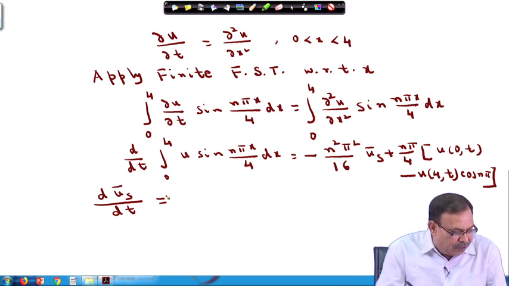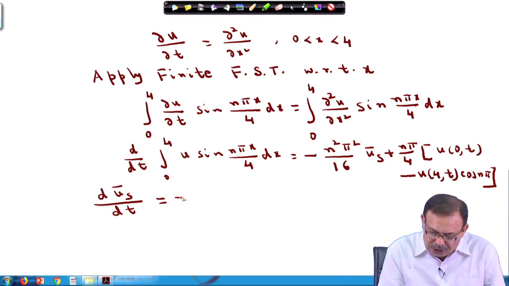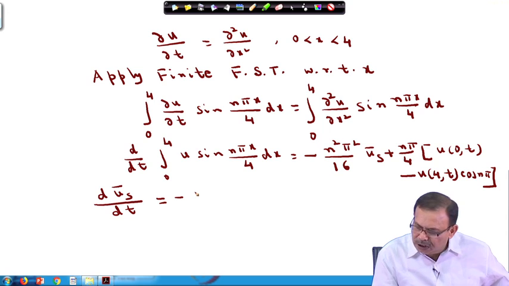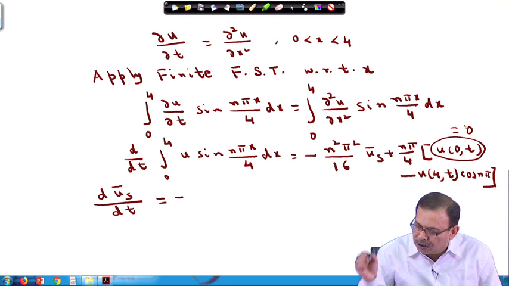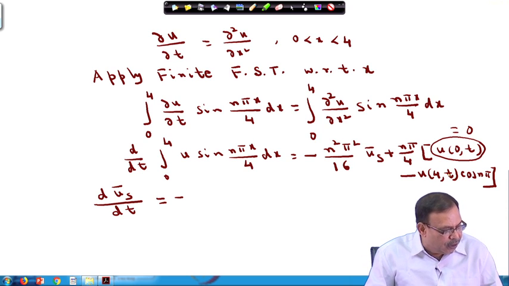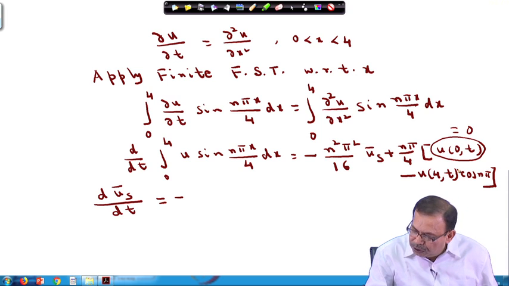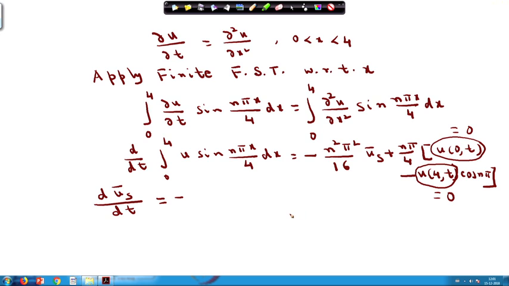This equals minus... the values are given: u(0,t) is 0, and u(4,t) is also 0. Once I put this in, the second term will vanish, so you will have only minus n²π²/16 into ū_s.